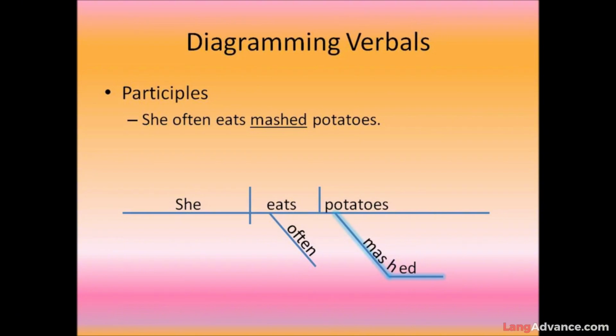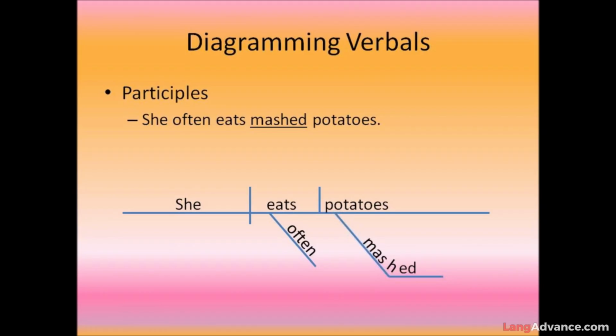Notice the element for the participle. Although it makes an elbow, much like the indirect object, mashed is curved. It's rounded around the line. And the final diagram looks like this.